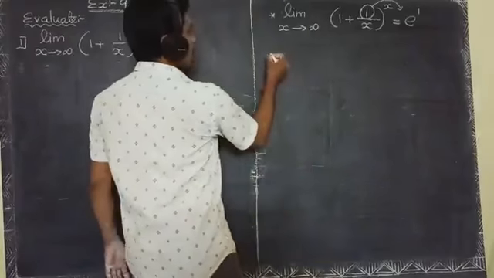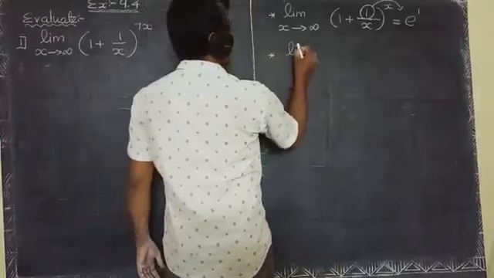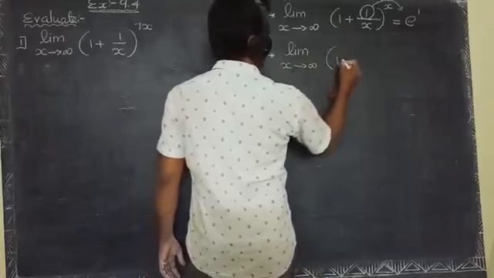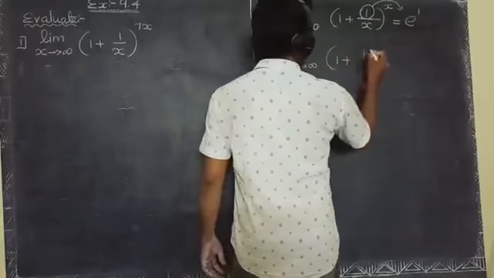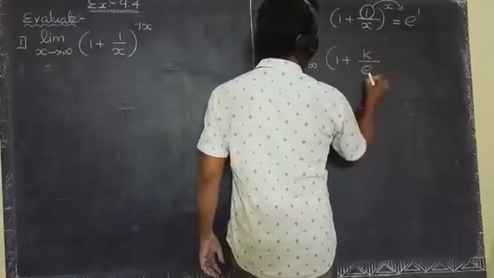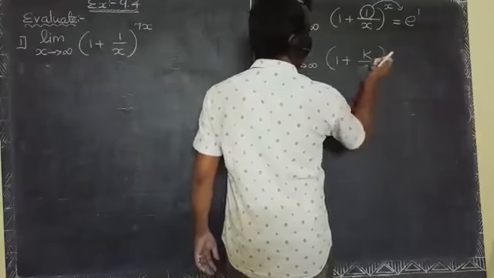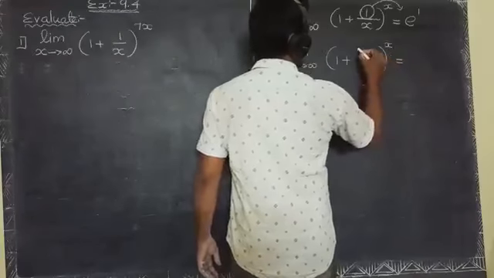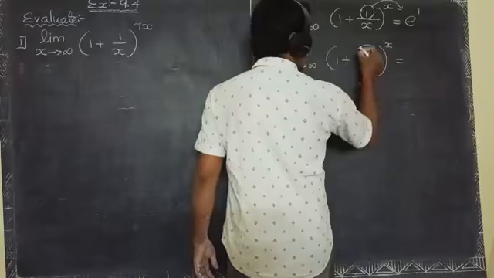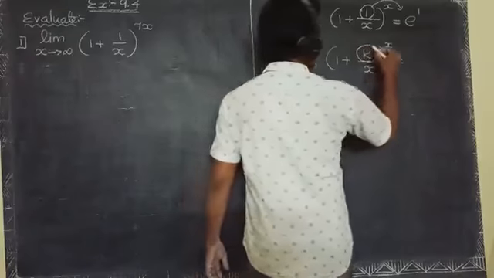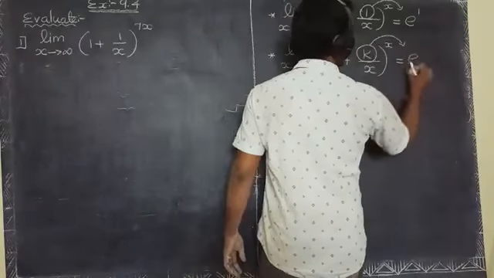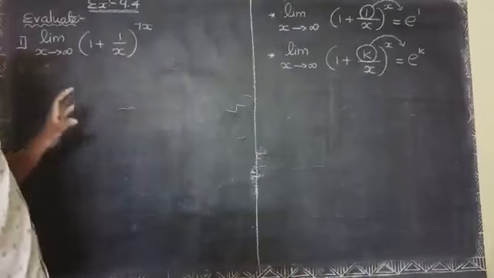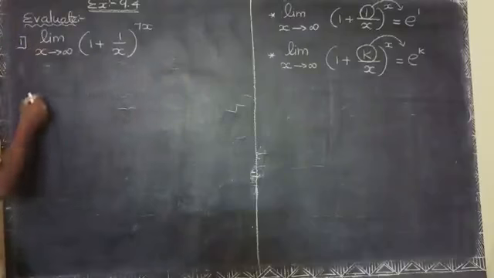In the other result, limit x approaches infinity of 1 plus some constant k divided by x whole power x is equal to e power k, where the numerator constant is k.